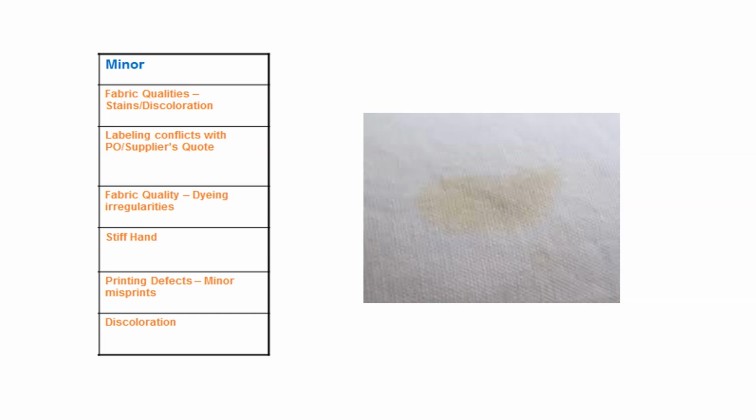If we reject the lot, how much time it will take to repair depends upon the nature of the defect. If it is an accepted lot, it is accepted with some tolerable minor or major defects. But if critical defects are there, you cannot accept that lot at all, in both fabric and garment inspection. So that is about the different kinds of fabric defects and their classification.